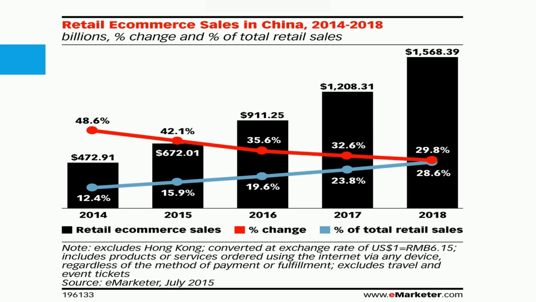And e-commerce sales also continue to represent an increasing proportion of total retail sales. Let's see 2014. In 2014, e-commerce sales accounted for 12% of total retail sales. That number grew to 28% in 2018.